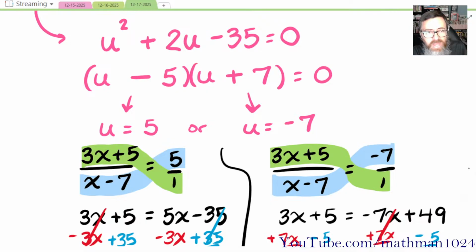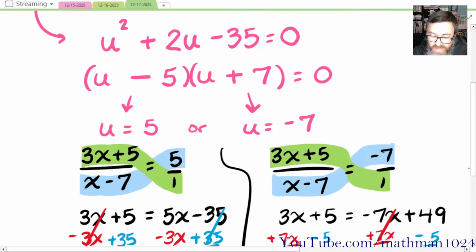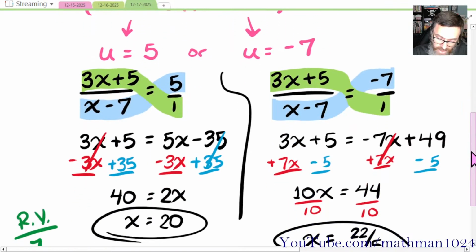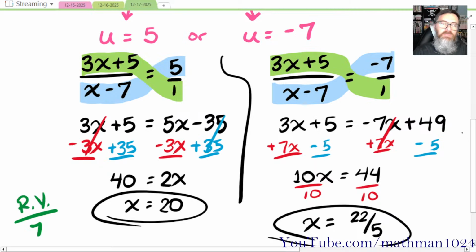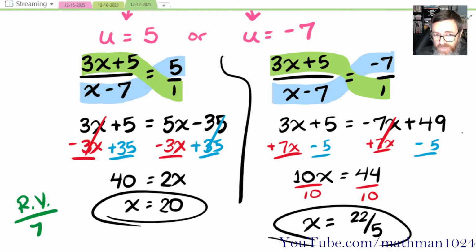I solve that quadratic equation. I get u equals 5 and u equals negative 7. And from there, I make my transition from the u to my original expression x. And now I have two separate equations that I'm going to solve for x. They happen to be rational equations, proportions to be more precise. So we set the cross products equal, and then we solve those.